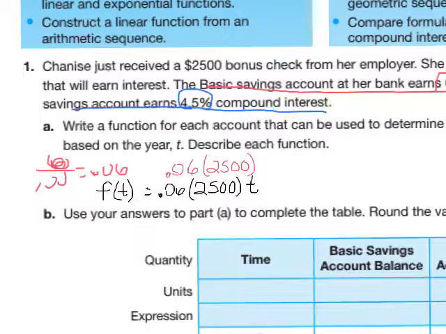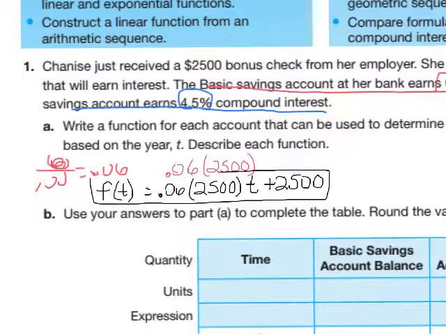That'll give you how much money she has. And then you want to add the original $2,500 that she started with. So here is your function right here. This part gives you how much she gets extra every year, every 2 years, every 3 years, every 4 years. Basically, this is 150 times 1, times 2, times 3, times 4, depending on how many years. And then plus your original $2,500. Don't forget to add her real money.